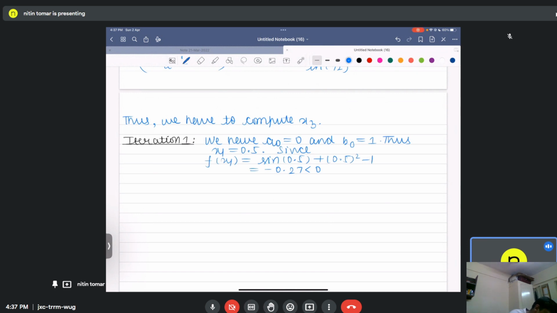So here we have 0, 0.5, and 1. Now f(0) was negative, f(1) was positive, and f(0.5) is negative.